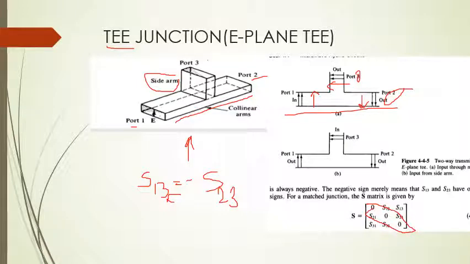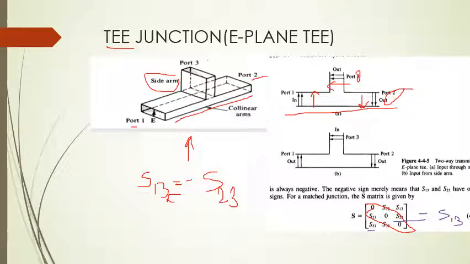What more can we do in this equation? You just said S13 is equal to minus S23. That means wherever S23 is there, what can I substitute? Minus S13. What does S31 mean? Can we say this is a reciprocal network?